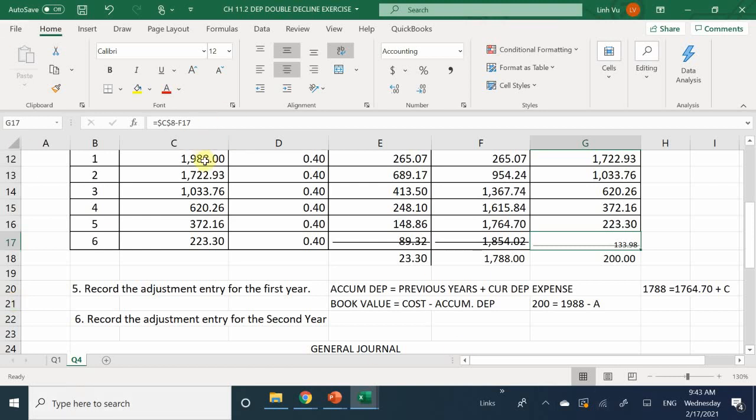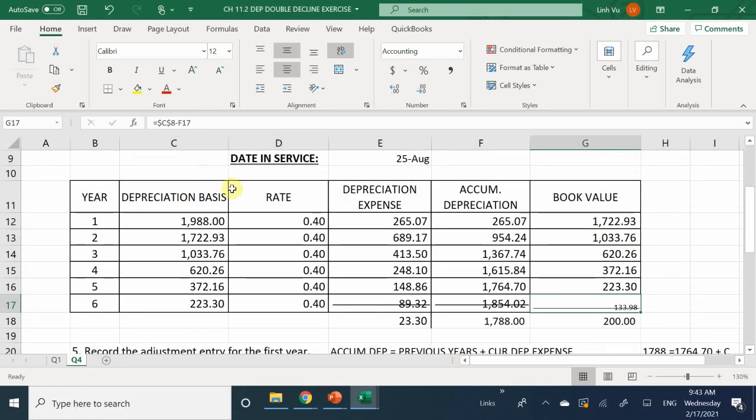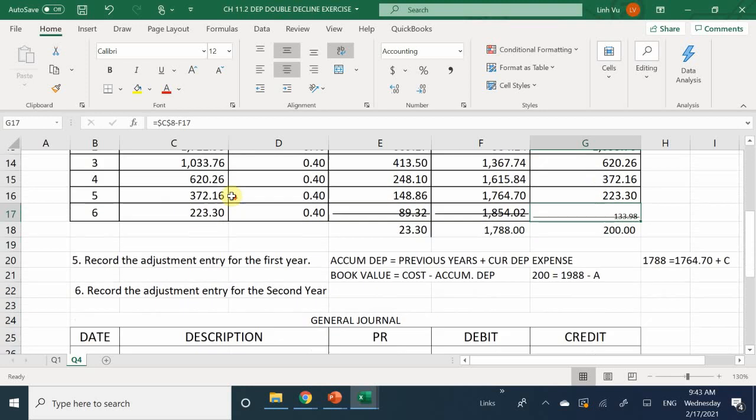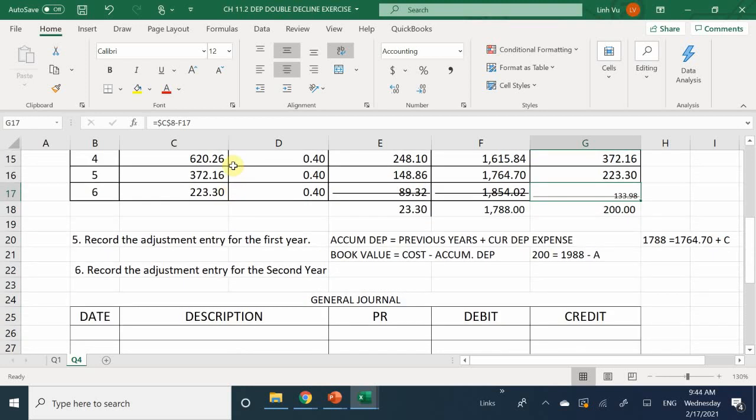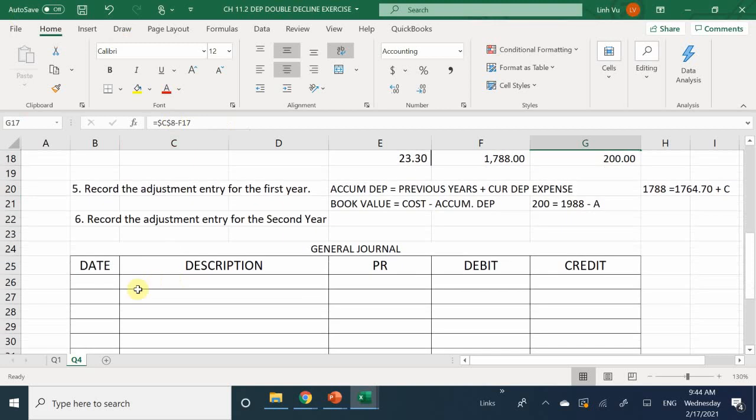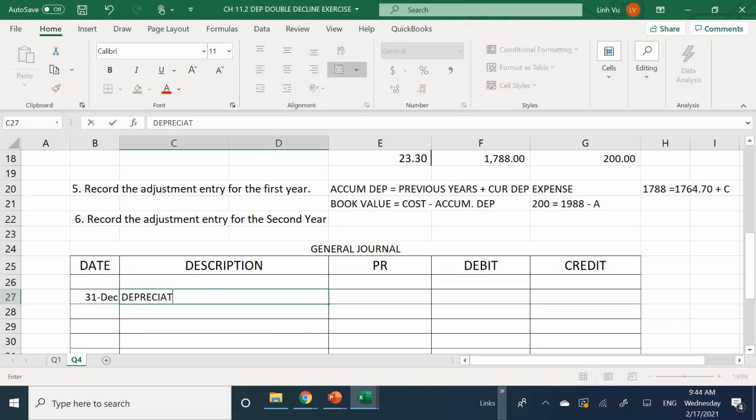So now let's go ahead and journalize the rest of this. Question number 5 and question number 6 say to journalize for the first year and journalize for the second year. So assuming that we are at December 31st, what is my journal going to be? Depreciation expense and accumulated depreciation.